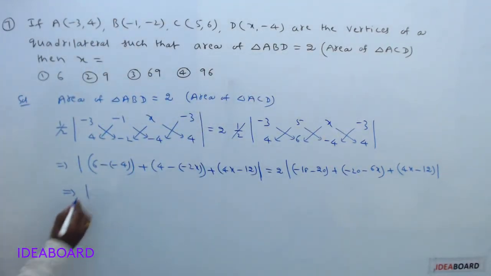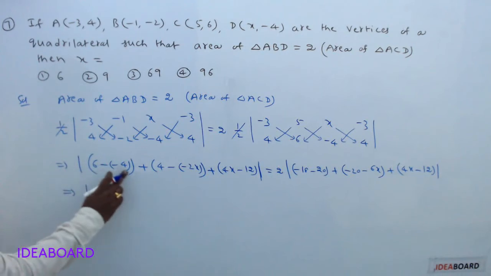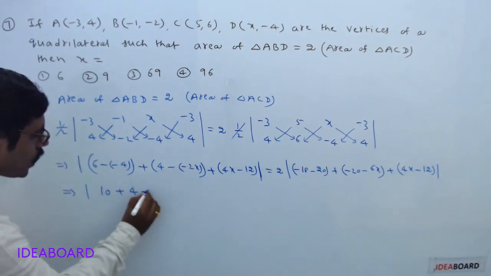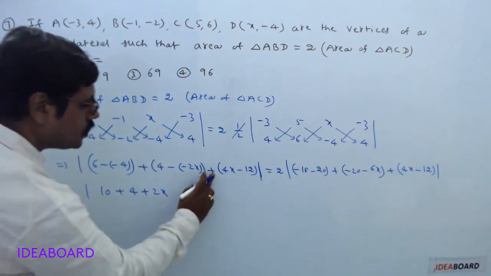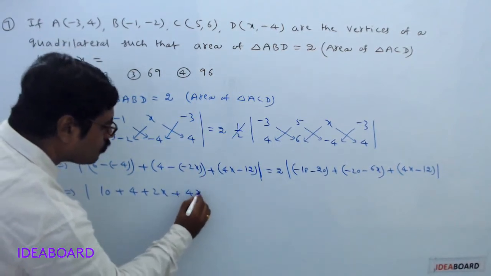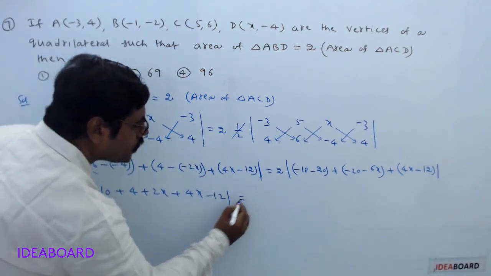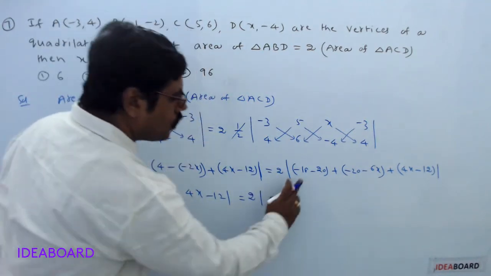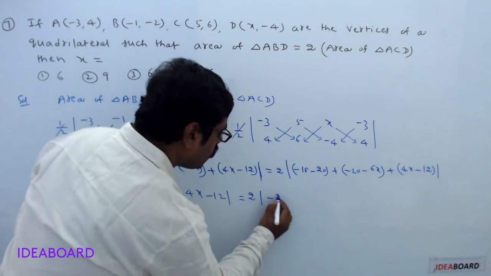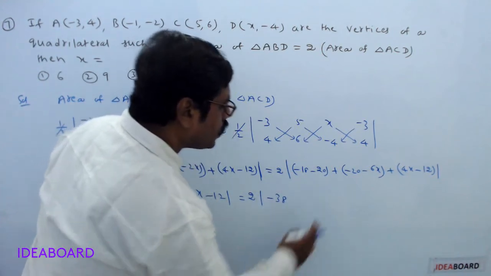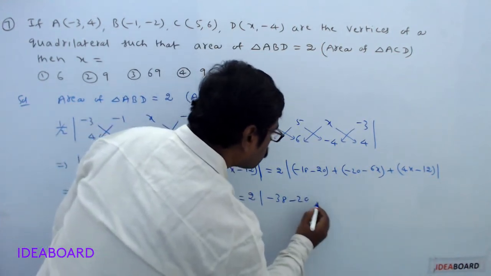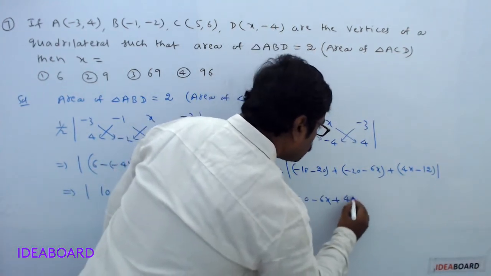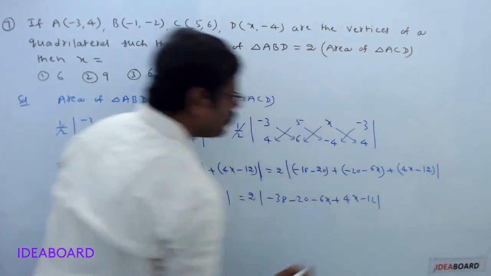Now from this, modulus of 6 plus 4, 10, it is a 4 plus 2x, this is a 4x minus 12 equals to 2 into modulus of minus 18 minus 20, minus 38, it is a minus 20 minus 6x plus 4x minus 12.